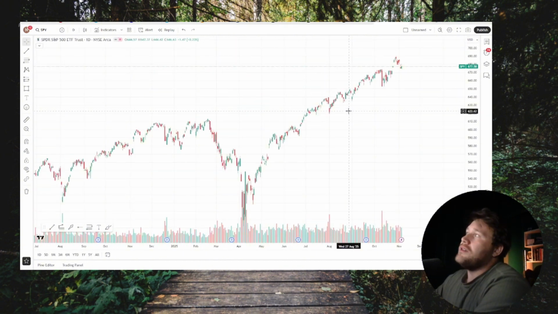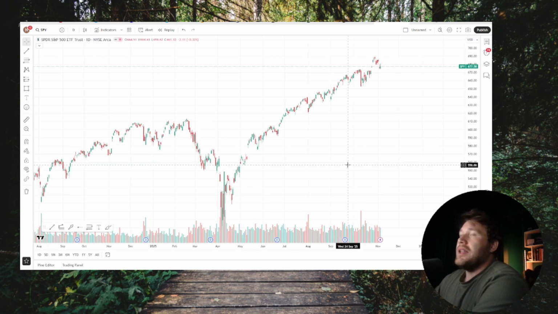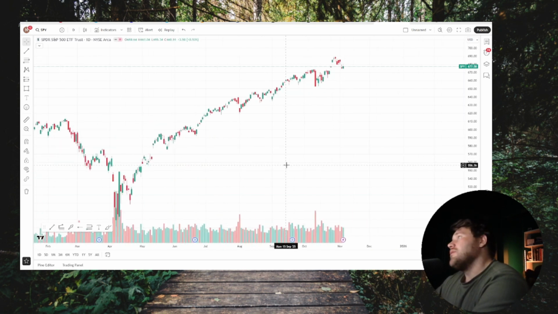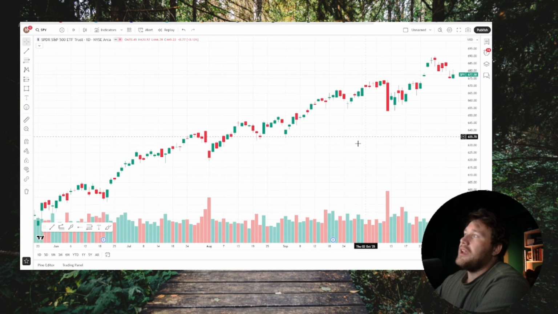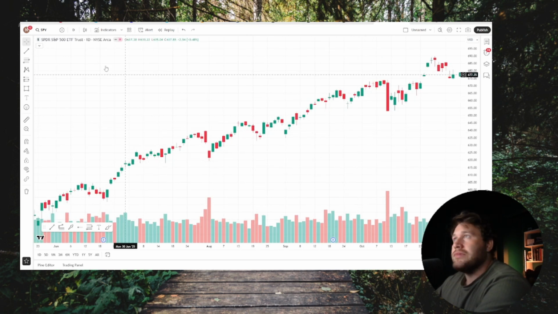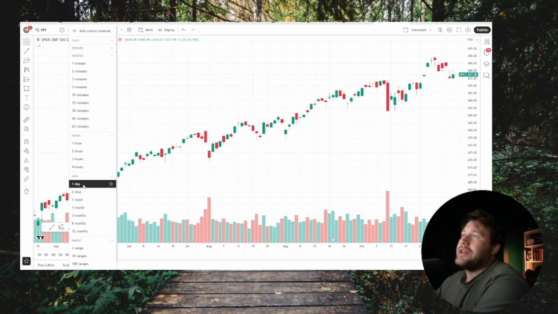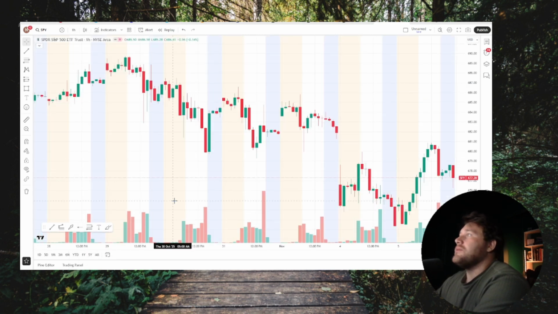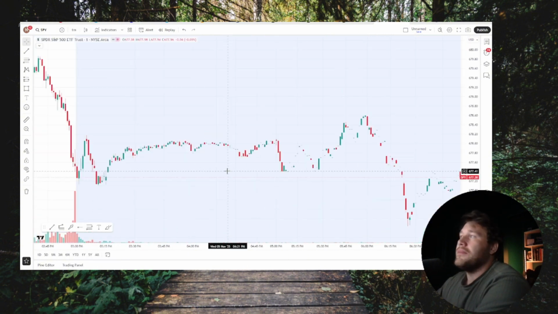So, as you can see, we're looking at a daily chart on the SPY index, and so that means that each of these candles represents one full day of price action, right? On the 1 day chart. If I go to the 1 hour chart, that means each of these candles represents 1 hour's worth of price action. And then we can go to the 1 minute as well.